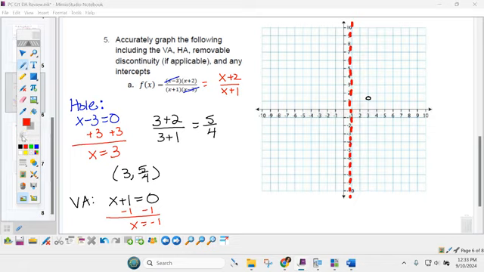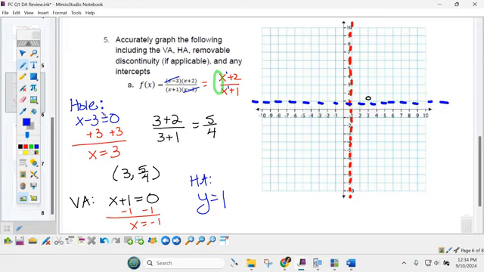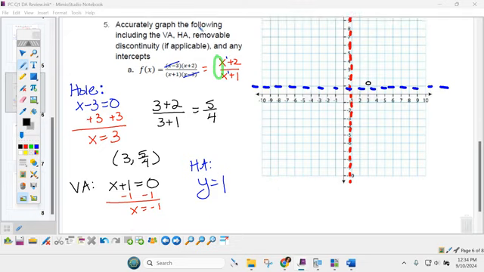For the horizontal asymptote, I'm going to compare my degrees. The compressed function, they're both 1. That means we divide the leading coefficients. So 1 divided by 1 gives me a horizontal asymptote of y equals 1. Make that a dashed line. All right, intercepts. Let's do x-intercepts.